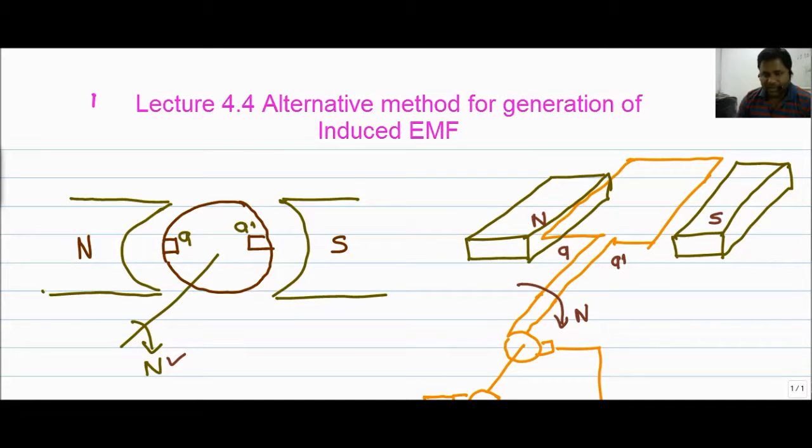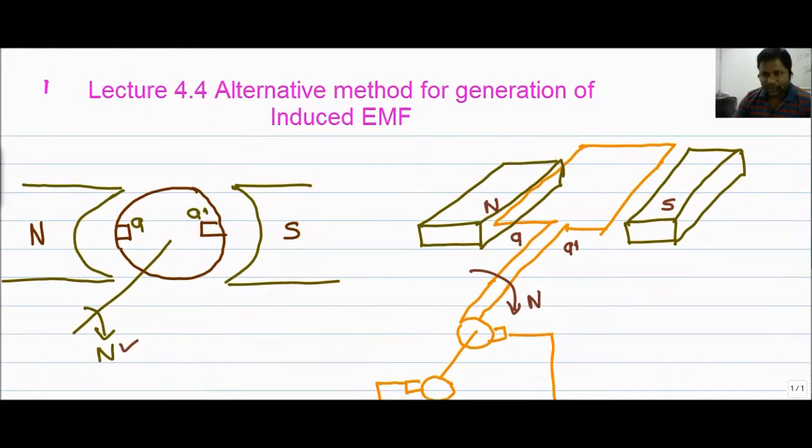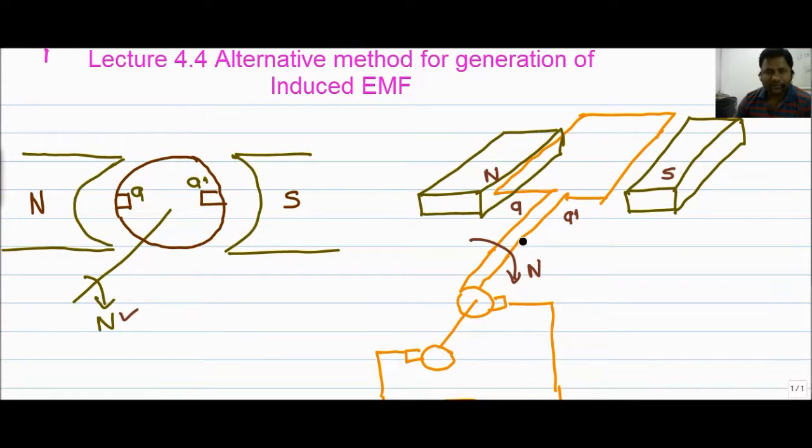We have already done this in lecture number 4.2, where we discussed how AC is generated when a coil is placed in a rotating field. Here we can see that there are two magnets, north and south, all electromagnets, and the flux goes like this. The coil is rotated by an external prime mover.